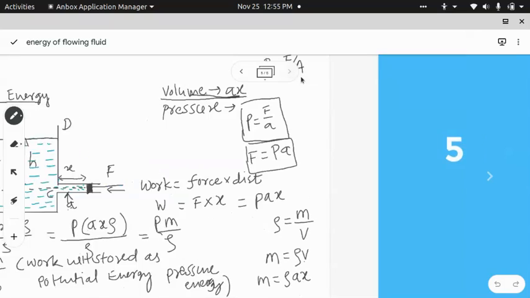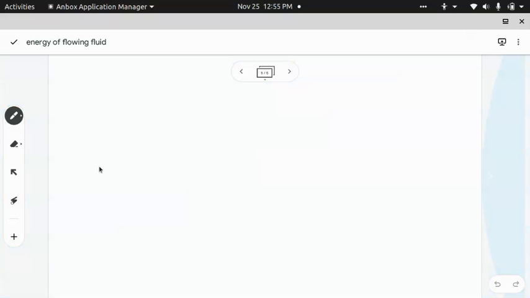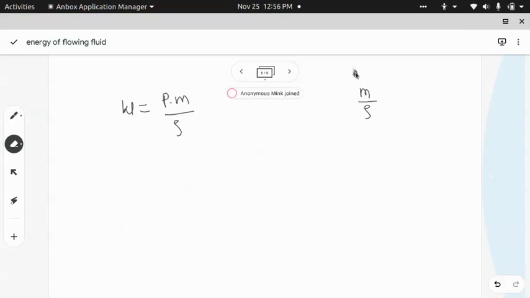So let us move towards the next slide. I will write here the final expression, and this work, as written in the previous slide, is P into m upon rho. Again we have rho as mass upon volume.